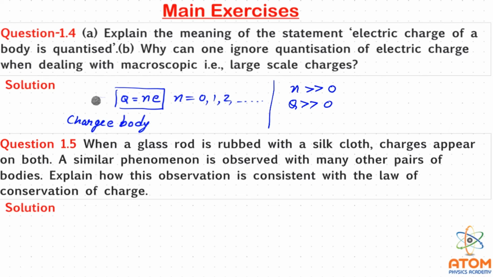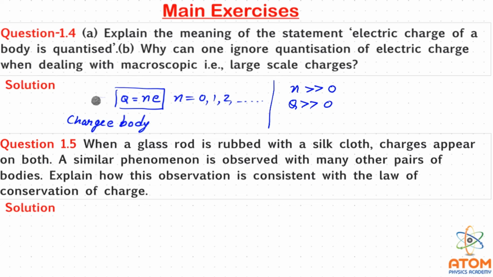So in this case we can ignore the quantization effect, because here the number is so large that you will get the charge almost in a linear form, meaning you will be able to get charge of any amount.